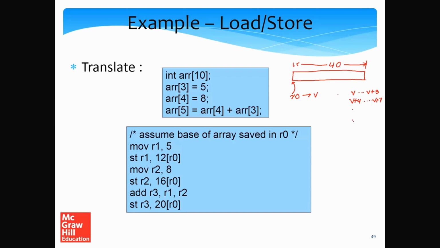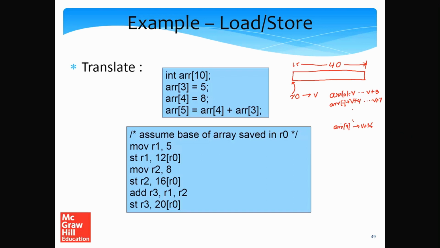So we can say that the starting address of the array, the starting address of the zeroth entry, is V. The starting address of the first entry is V plus 4, and so on. Similarly, the starting address of the ninth and last entry in the array, where we start counting from 0, is essentially V plus 36.